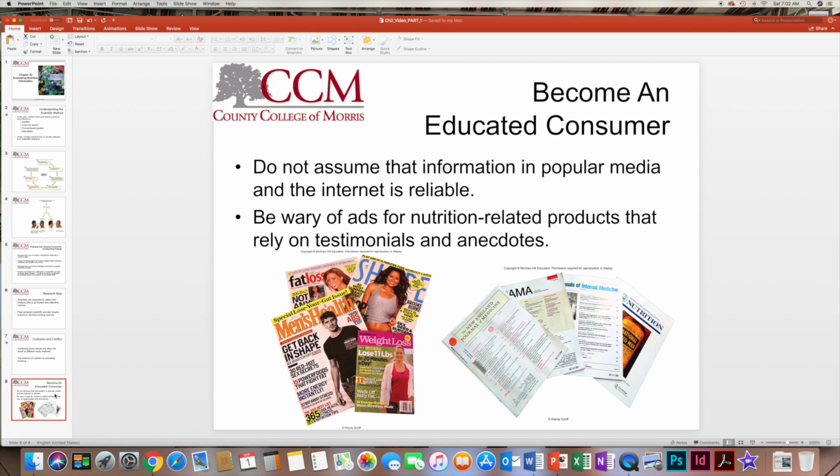If you look at a magazine like Men's Health or Shape, you can get information in there, and some of it can be valid, but it doesn't necessarily mean that it is. It could be somebody's opinion. But if you're looking in the New England Journal of Medicine or the Journal of Nutrition, those have to go through that peer review process, and they are valid and reliable and can be trusted more than the general information for the lay person.